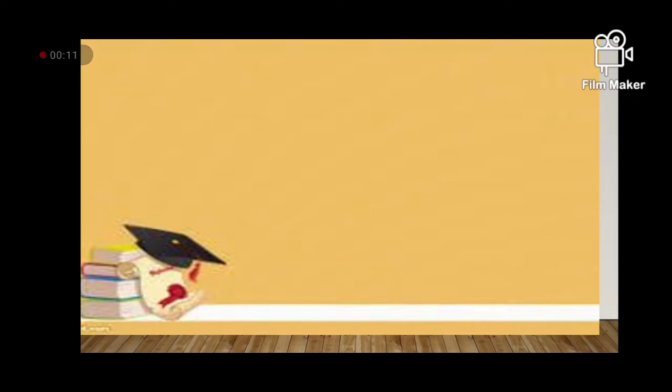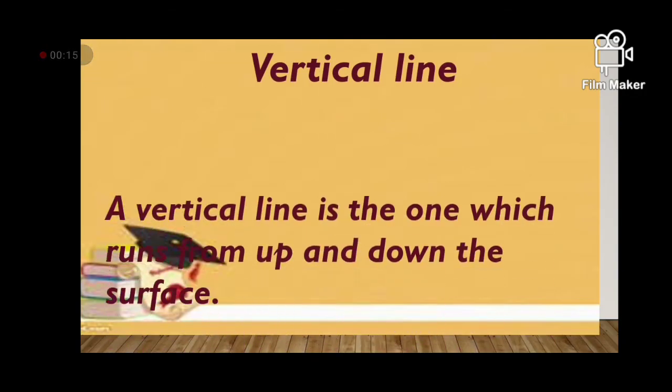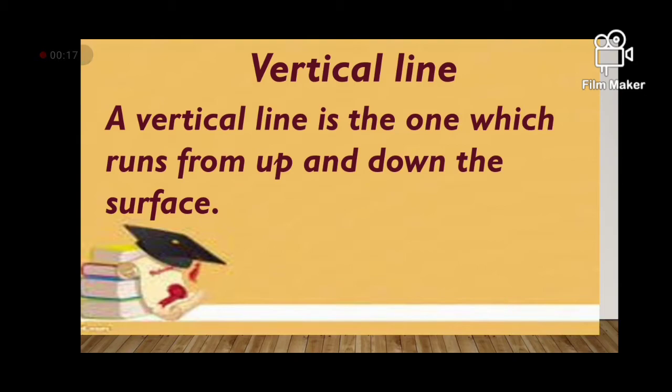Now, what is the line which is opposite to the horizontal line? That type of line is called a vertical line. What is a vertical line? A vertical line is the one which runs up and down the surface. Let's see the example.